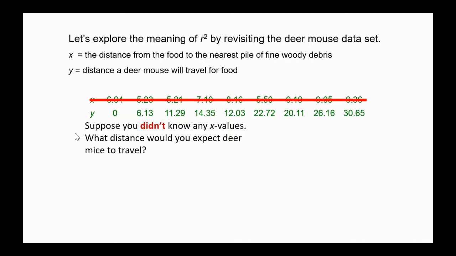What distance would you expect the deer mice to travel? Like if you had to tell me a number, what number would you tell me that you expect them to travel? Well, what would that number be called, I guess, is what I'm asking.